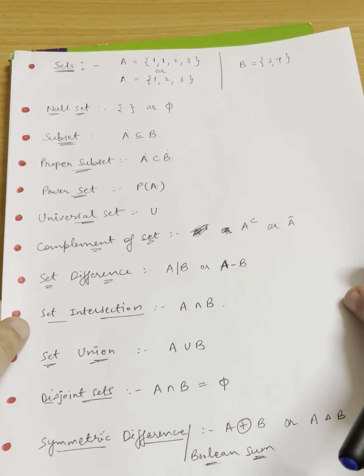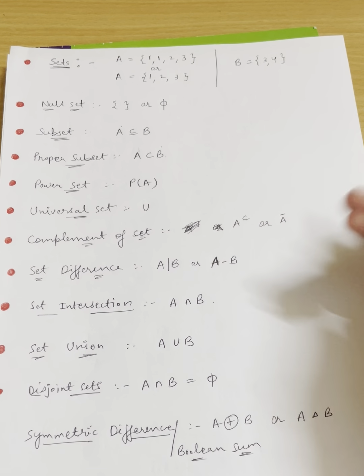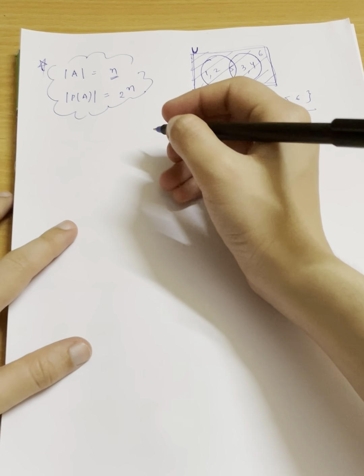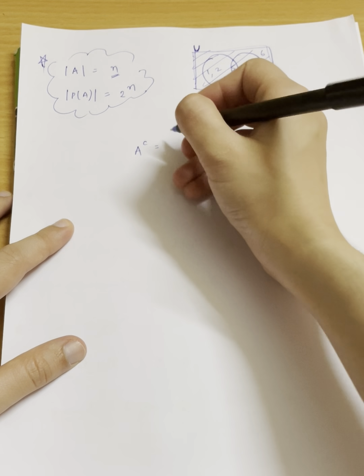Next one, complement of set. It is represented by A with a power, a complement, or a bar. So what is the complement of a set?